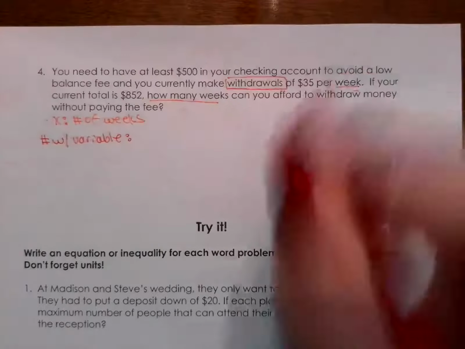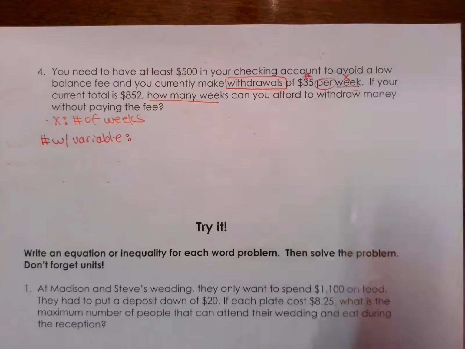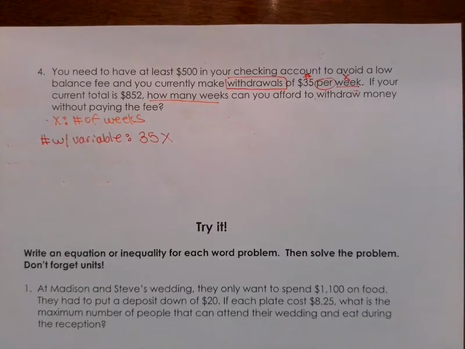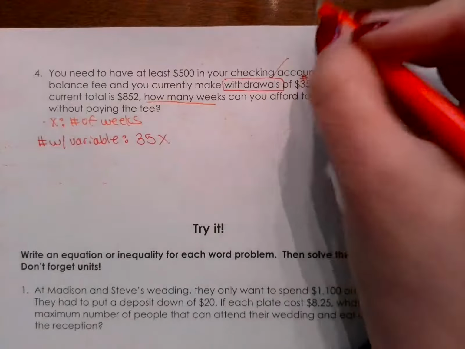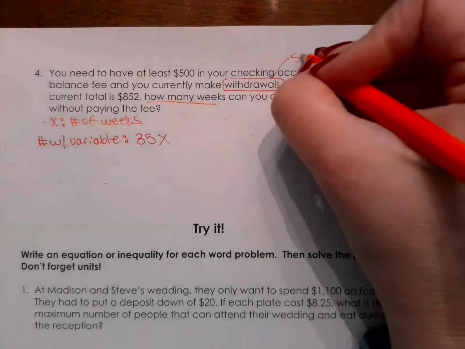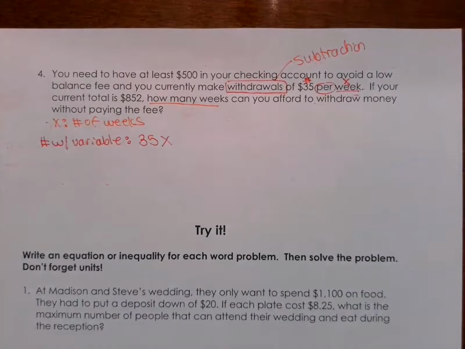Here's the magic word, week. There's my variable. Here's per, and there's the number. So I've got 35x. Now with subtraction, when I think of withdrawing, I'm subtracting money out of my banking account. I'm taking money away. So I know this is going to be subtraction.